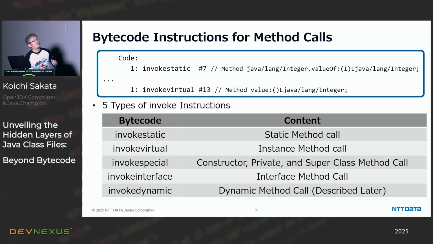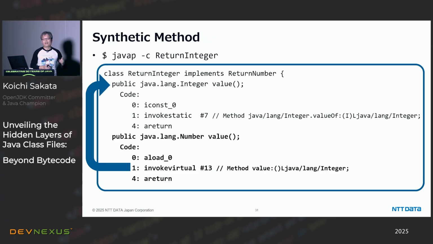Integer.valueOf is a static method, so it's invokestatic. The value method is an instance method, so it's invokevirtual. Looking at the synthetic method in ReturnInteger, we see that invokevirtual is used to call the value method you wrote. The synthetic method is created to link the value method calls together.